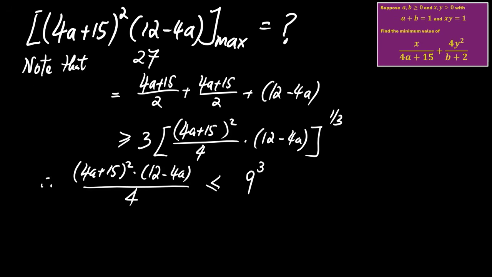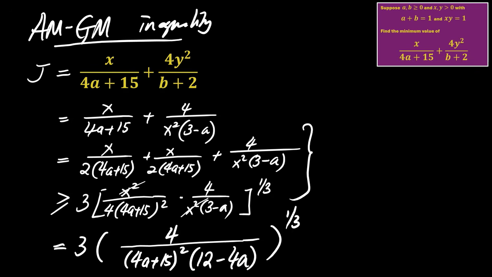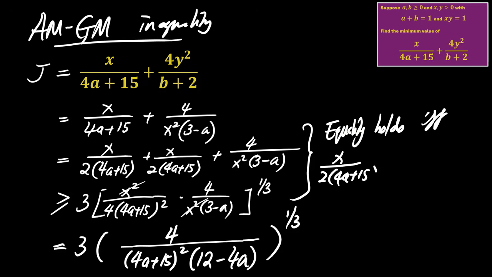For this case, equality holds if and only if 4a plus 15 over 2 equals 12 minus 4a. After solving the linear equation, we get a equals 3 over 4. And for this, equality holds if and only if x over 2 times 4a plus 15 equals 4 over x squared times 3 minus a.